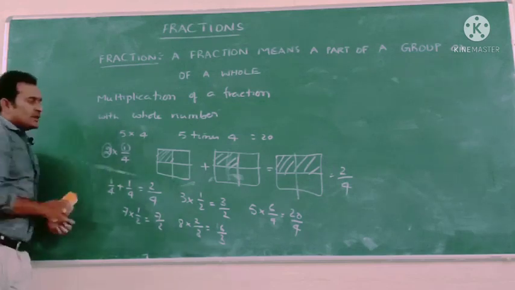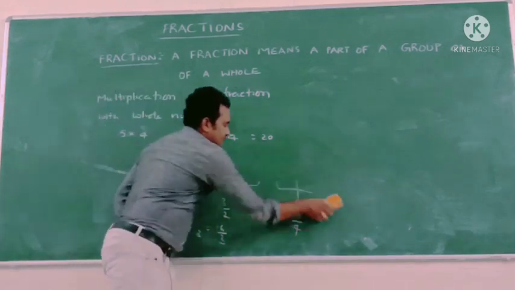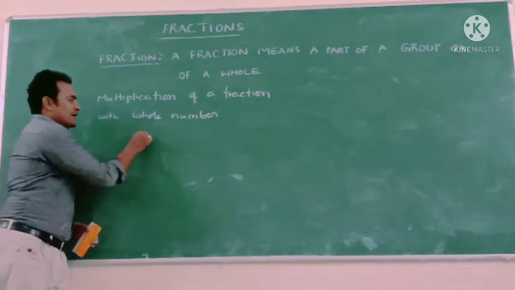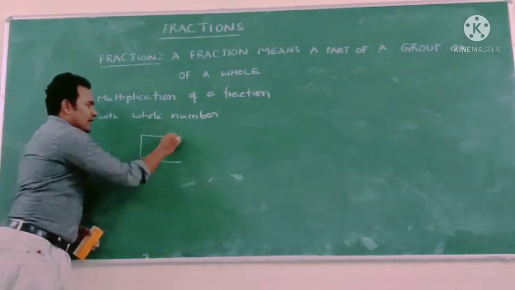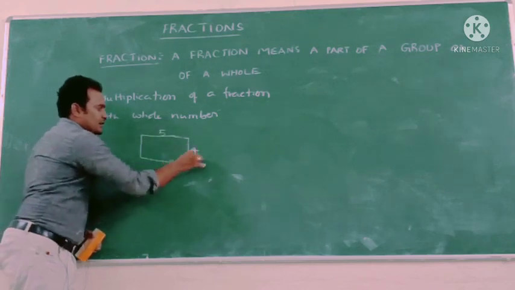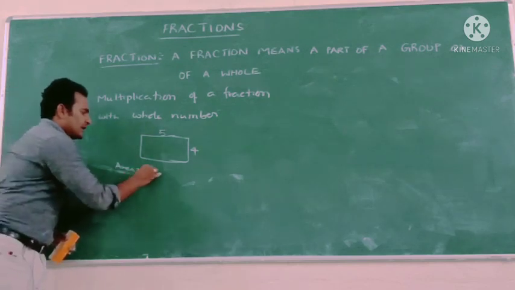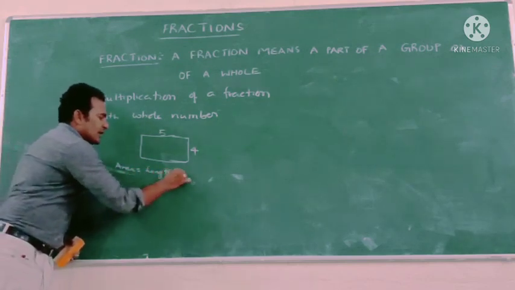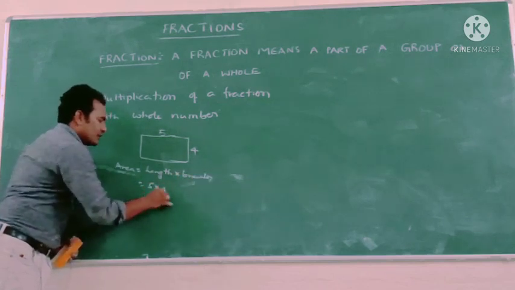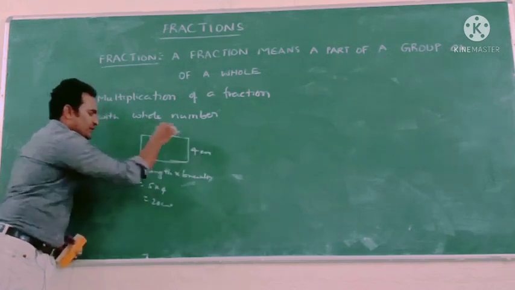Let us take another example. Suppose there is a rectangle having length 5 units and breadth 4 units. If you want to find the area of the rectangle, area equals length into breadth, that is 5 into 4, 20 centimeters square. This is 5 centimeters and this is 4 centimeters.